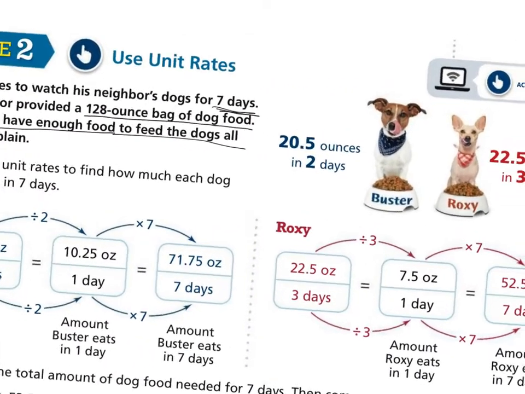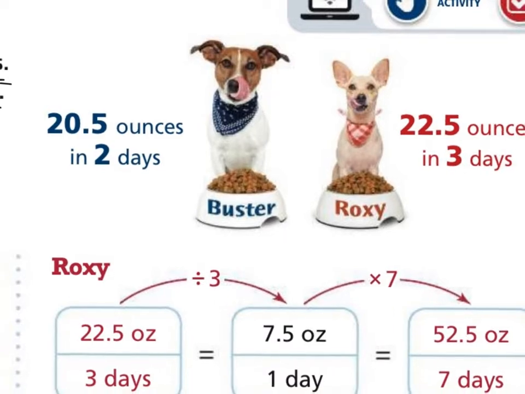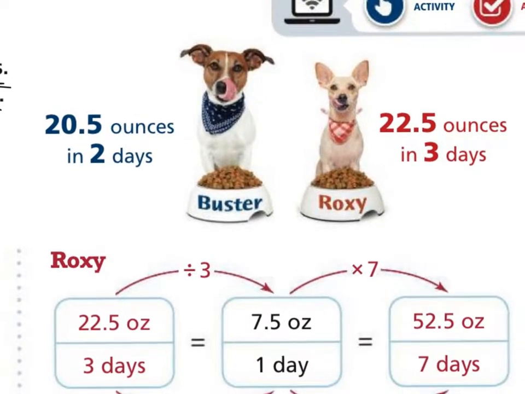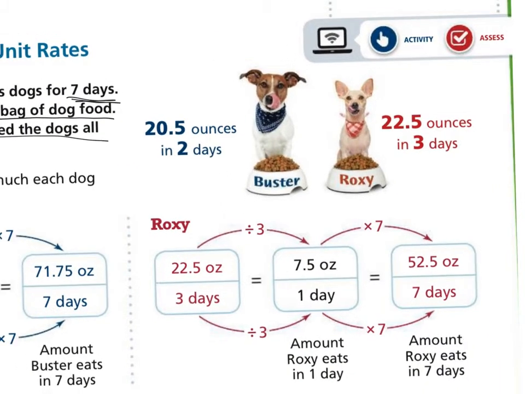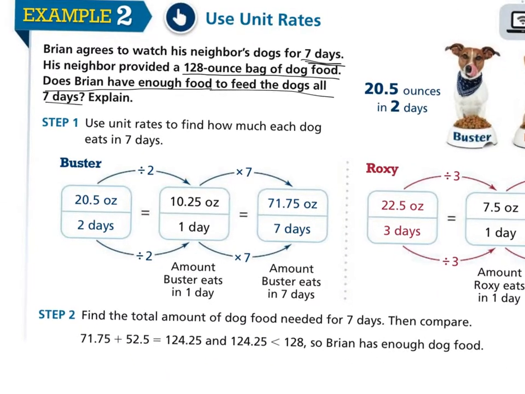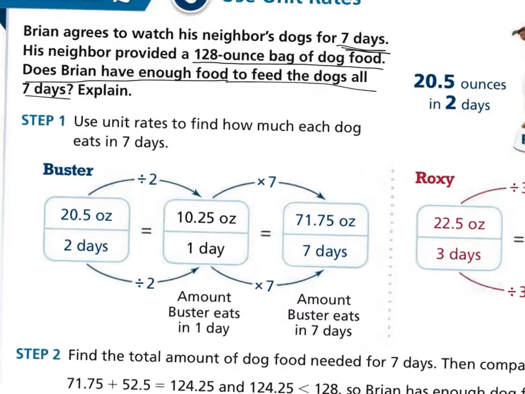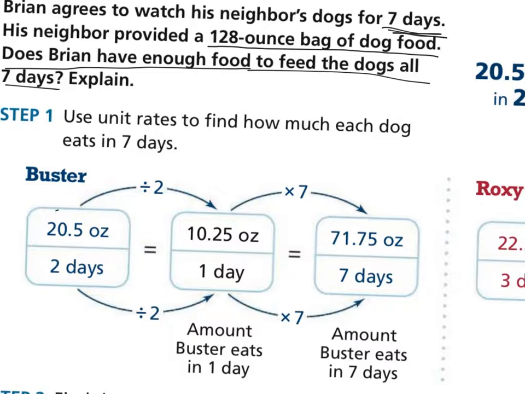So if we look at the information here, we don't know how much each of them ate in one day. For Buster, we know 2 days, and for Roxy, we know for 3 days how much they ate. What we can do, though, we can figure this out. Basically, for Buster, if we just find the unit rate, so 20 and 5/10 divided by 2, you don't have to exactly do what the book's doing here.